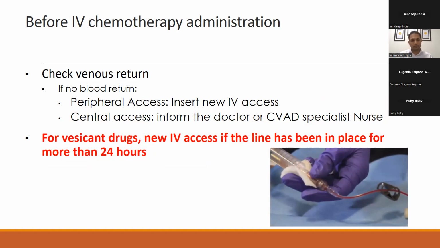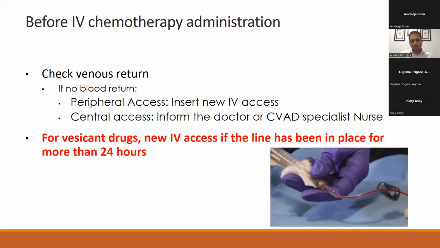If there is no blood return and it's a peripheral line, then you can insert a new IV access, because if there is no blood return, then it's likely that the IV cannula is either blocked or it's got out of the vein. And if it's a central line and there's no blood return, then don't administer IV chemotherapy. You must inform the doctor, or if you have a central venous access device specialist nurse in your setting, you can inform her or him as well.